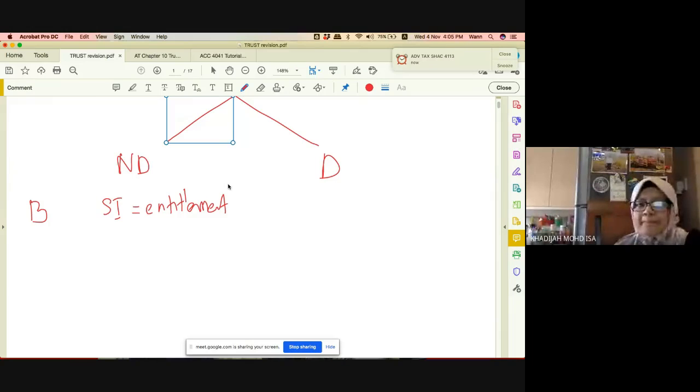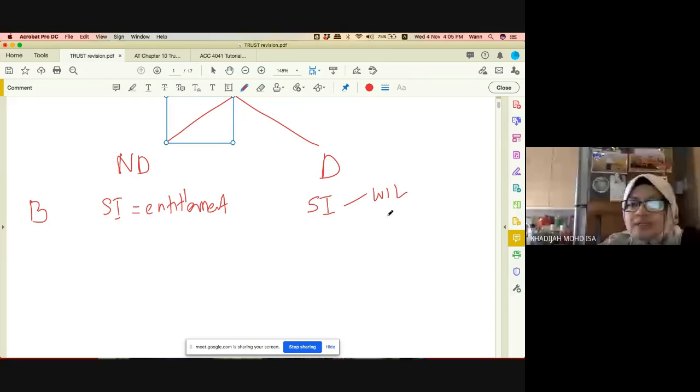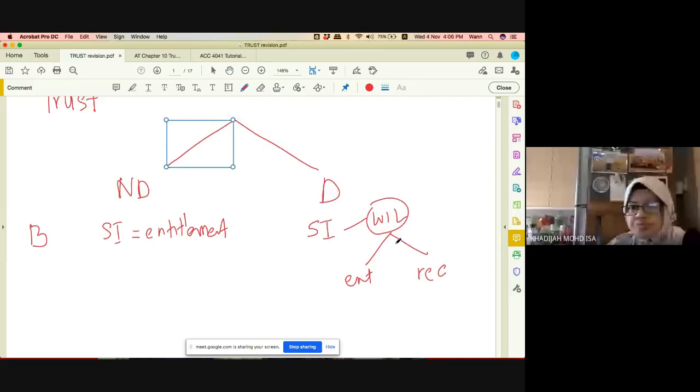But for a discretionary trust, the statutory income of the beneficiary depends on whichever is lower. You have to compute how much is the entitlement and how much is the money actually received. Whichever is lower will be the statutory income of the beneficiary under a discretionary trust.